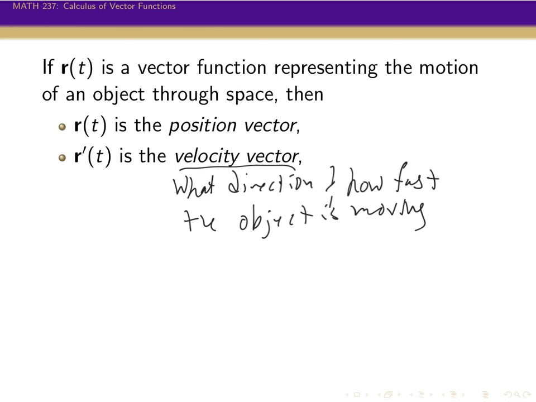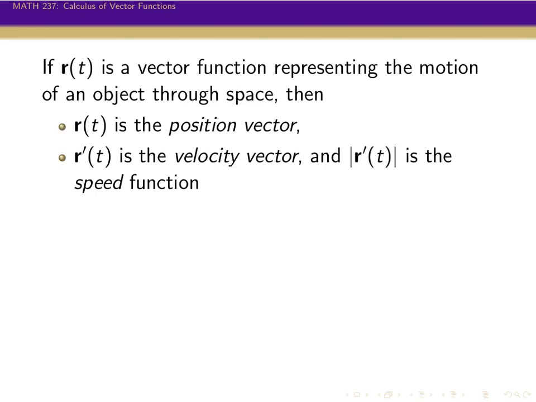The compass is saying what direction, and the speedometer is saying how fast you're going. Okay, and if we just take out the direction and look at the magnitude of velocity, that's what speed is. So if you look at how long the velocity vector is, that is telling you how fast you are going. So the magnitude of velocity is the speed. And that's going to become important later, especially when we start talking about arc length.